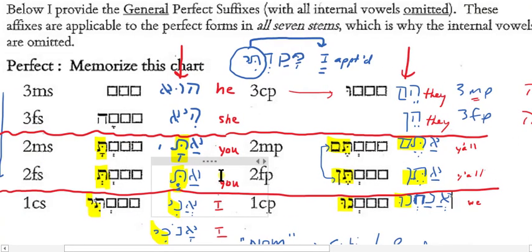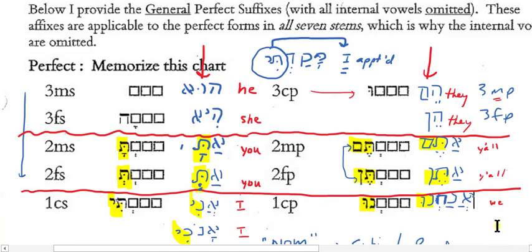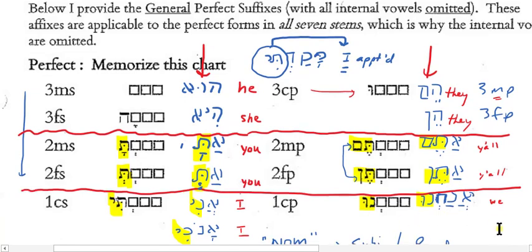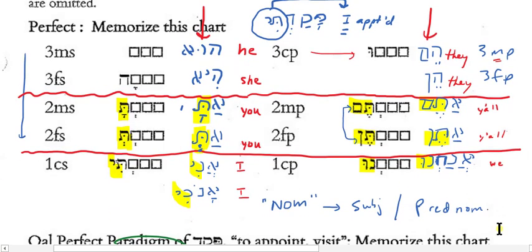We can divide our chart into three parts where similar things are going on. So I've used the red line here to separate the third person forms from everything else. Okay? How are all the third person forms different from all the rest of them? What's the similarity for all of the third person forms?